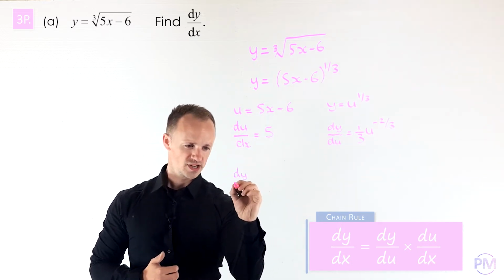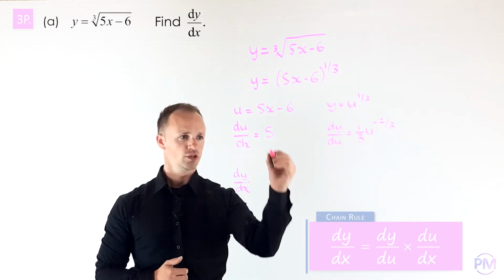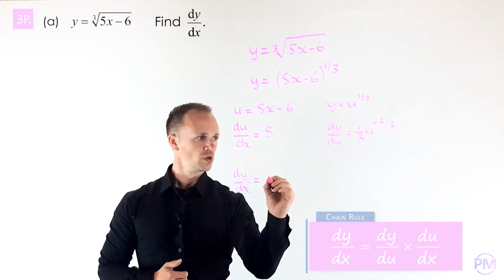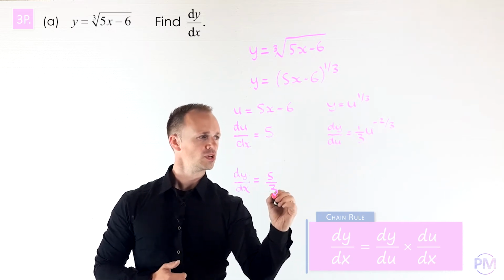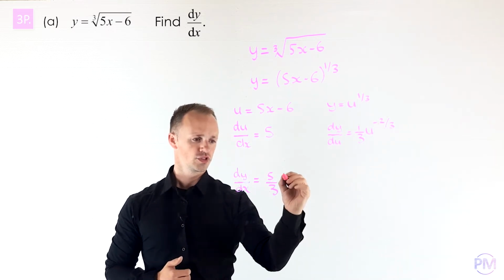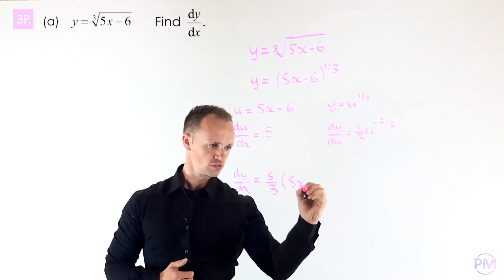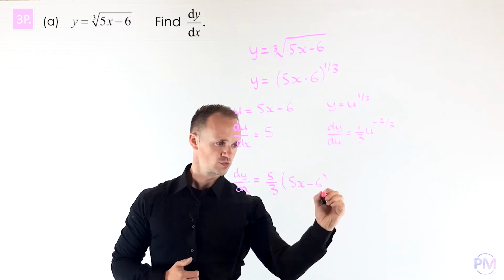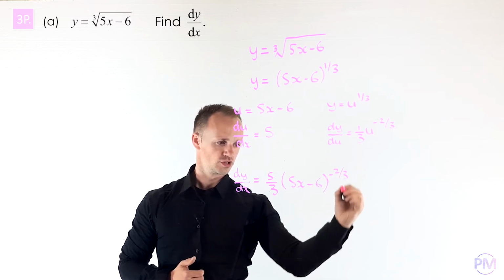We get dy by dx equals 5 multiplied by 1/3, so we'll just write that as 5/3. And then we've got u to the negative 2/3. Well, u is just 5x minus 6. So we get 5x minus 6 to the power negative 2/3.